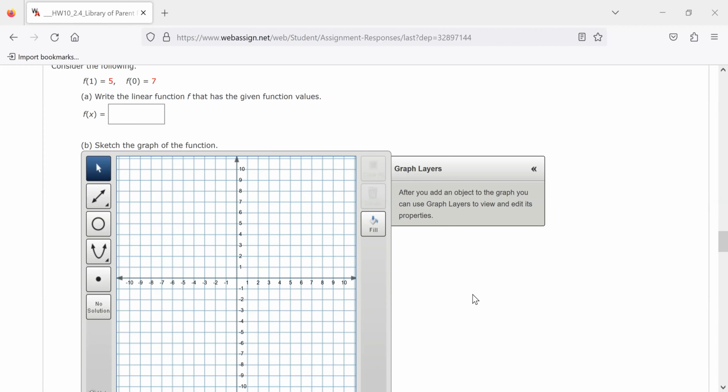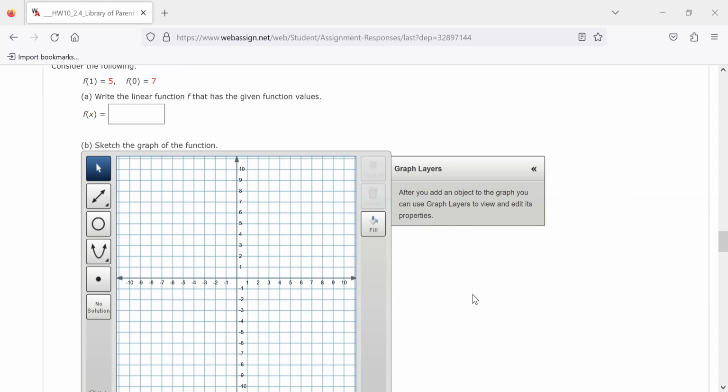Does that sound familiar at all? The whole mx plus b and point-slope form, all that stuff. So it's basically the same thing, they just have it in functional notation.